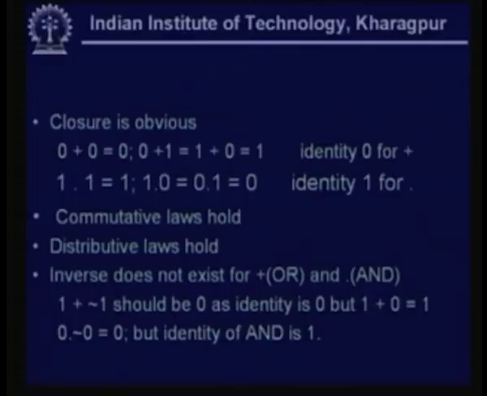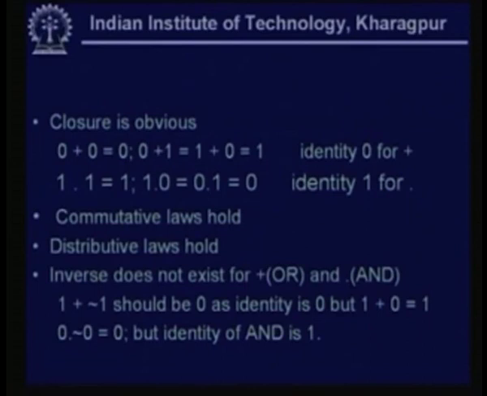So, 0 plus 0 is defined as 0, 0 plus 1 is 1, 1 plus 0 is 1. Similarly, if we now take the operator as dot, 1 dot 1 is 1, 1 dot 0 is 0, and 0 dot 1 is 0. Now, see the results are also either 0 or 1. So, the closure property holds.